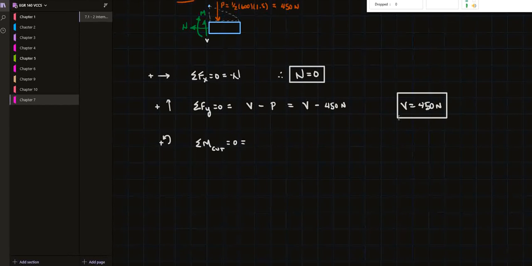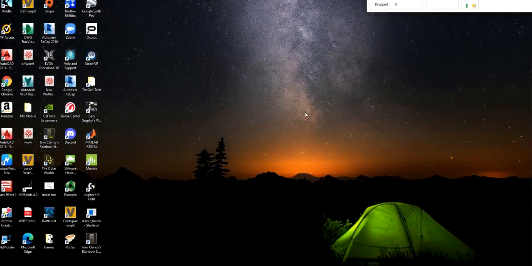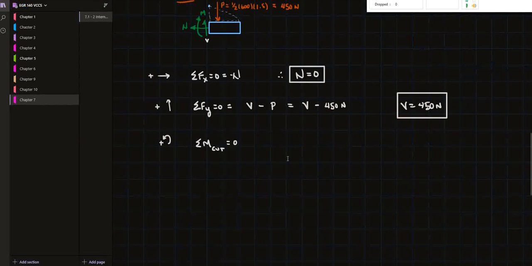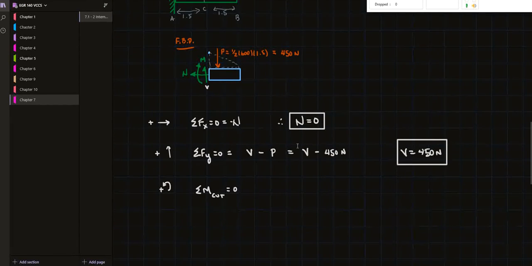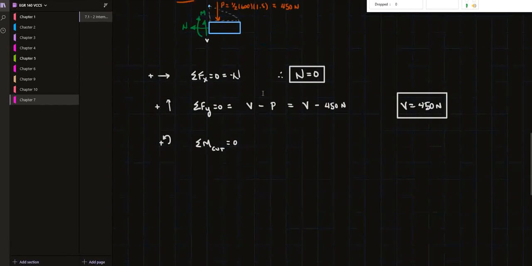So don't confuse positive directions here for my equations of equilibrium. Oops, we crashed. So as I was saying, don't assume the positive directions for my equations of equilibrium with the positive sense for my loading on the cut section, my internal loading.